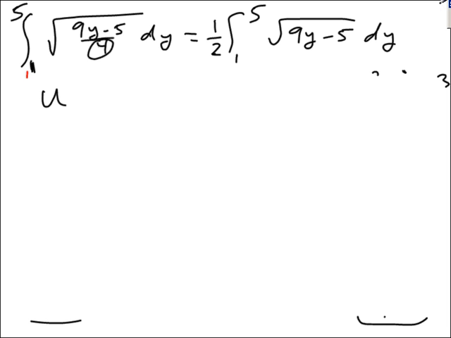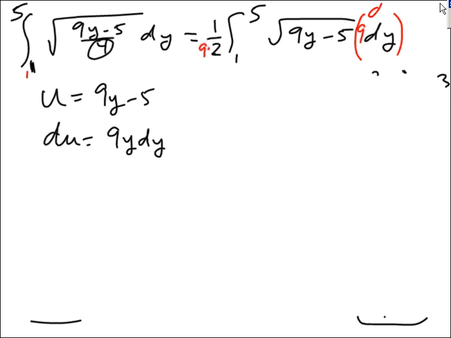If we let u equal 9y minus 5, then du will be 9 dy. So if I sneak in a 9 here, and I counter by putting a 9 in the bottom, this piece here is du. It says so. This equal sign has many meanings.